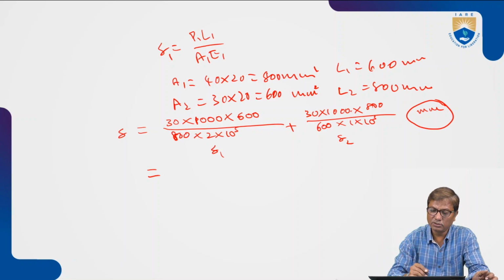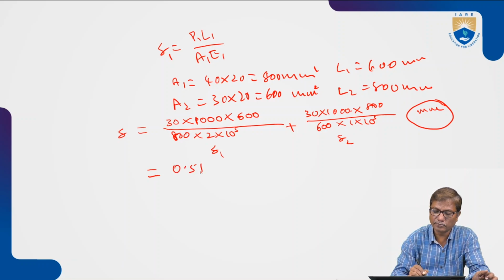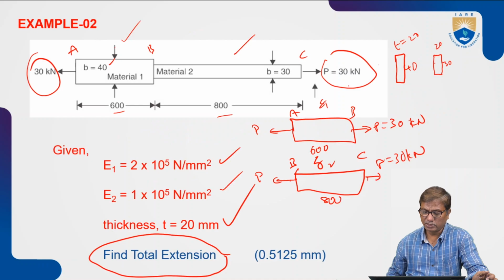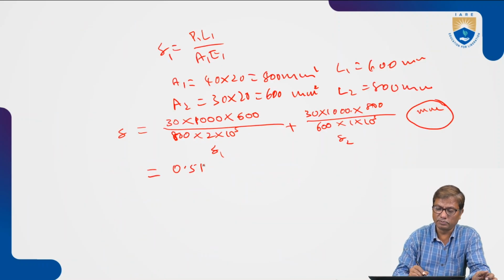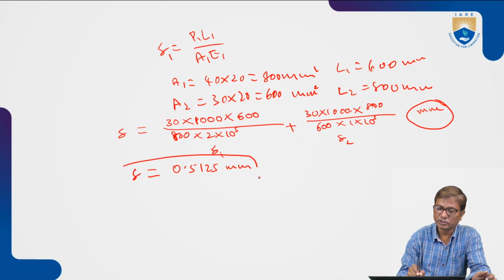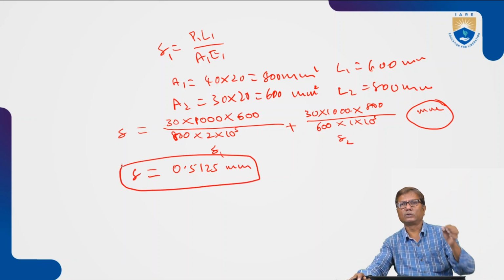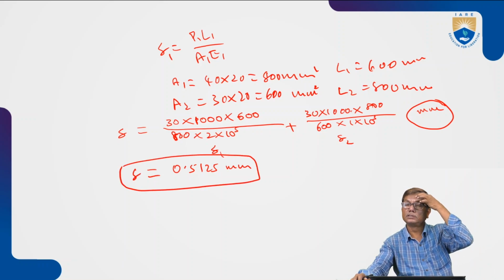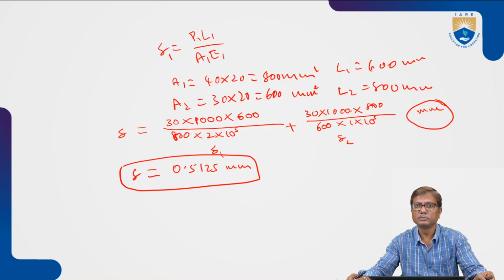The resulting value is 0.51. Actually, it is given as 0.5125 millimeters. You will get the total elongation of the member is 0.5125 millimeters.